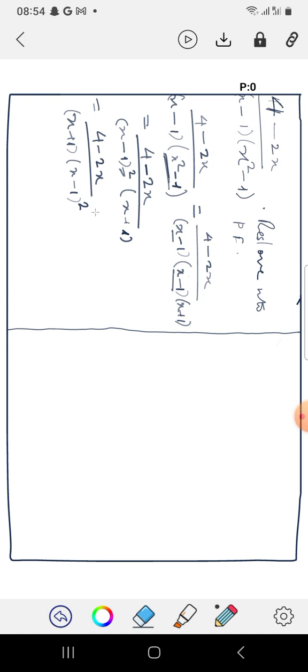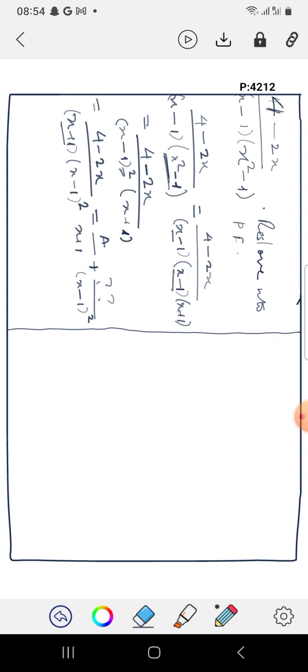We can resolve this one, as we know that this denominator is linear, so we have no problem with it. So it's going to be A over x plus 1. That one is resolved. Plus, now, this is where the problem is. Let's put it on x minus 1 squared first, and put a question mark on top of this place because we don't know what it is. We'll come back to the question mark later.